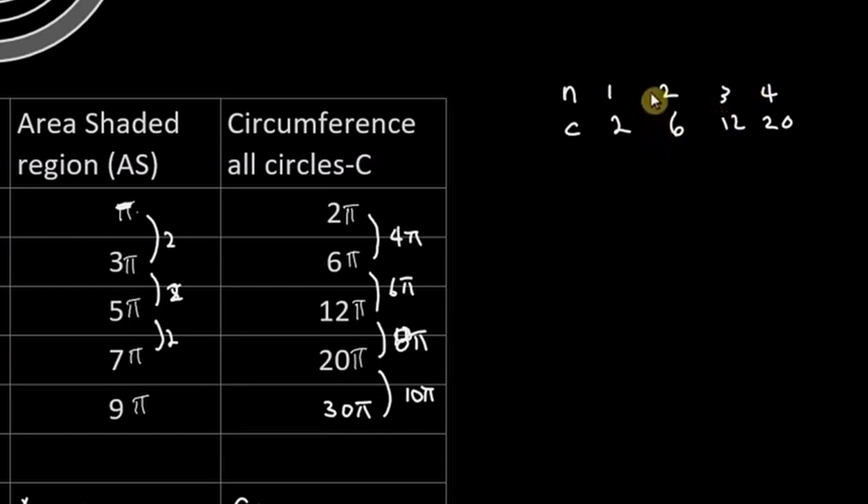If I multiply n and n plus 1, the first value of n and the second value of n, if I multiply across like that, I get this value. If I multiply across like that, I get this value. If I multiply across like that, I get this value. So what it's telling me is that when n is equal to 1, the value I'm going to get is when I multiply n plus 1 to get that value. So in essence, C is equal to n, and I'm going to need to multiply that by n plus 1 to get my value.